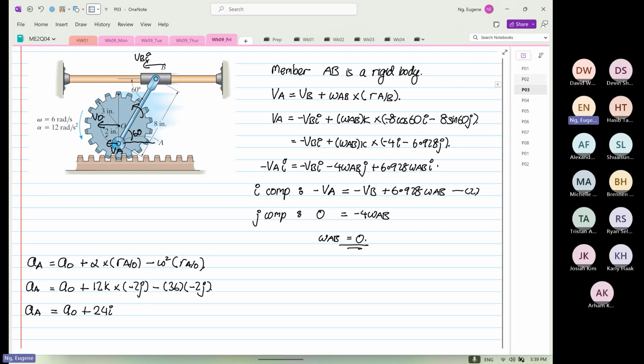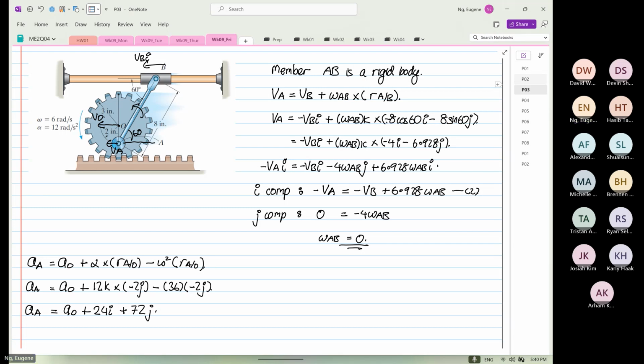So minus 36 times 2, minus plus 72J. Okay, so acceleration at point A is equal to A naught.